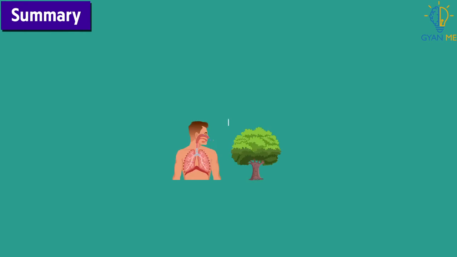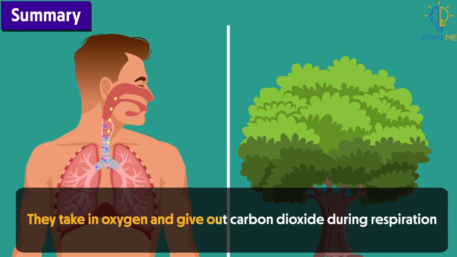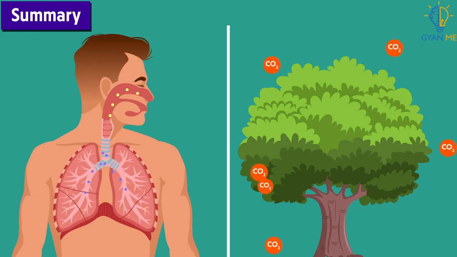So students, what we have learned is that plants also breathe like other organisms. They take in oxygen and give out carbon dioxide during respiration. But the only difference is that animals have more complex system of respiration, while in plants it is simple. Every exposed part of it can exchange gases directly with air.